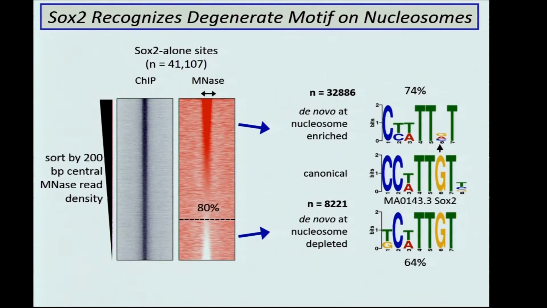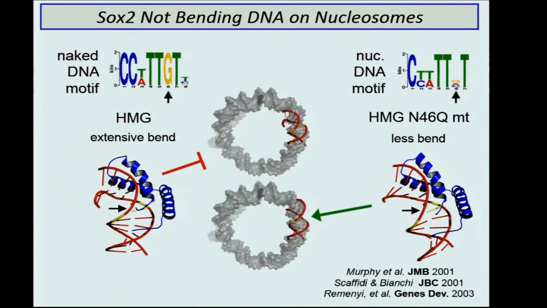So what about SOX2? Similar analysis showed us that the only difference between nucleosomal sites and the canonical site is this G nucleotide here. If you look at the crystal structure of the SOX2 DNA binding domain, it shows that SOX2 has a high mobility group domain, which bends DNA almost 90 degrees.